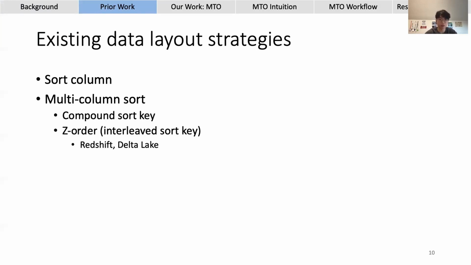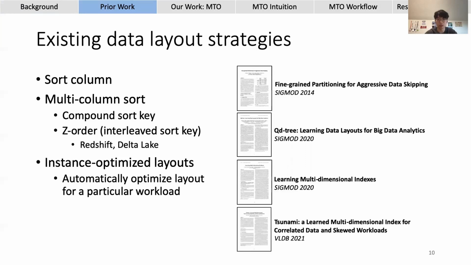As a result, many systems also support multi-column sort orders, for example, based on compound or composite sort keys, and some systems have also begun to support interleaved sort keys based on the multi-dimensional Z order. And even more recently, there's been a lot of research on what I'll call instance-optimized data layouts, where the key idea behind this line of work is to automatically optimize the data layout, often using machine learning, in order to achieve high performance for a particular data set and workload.